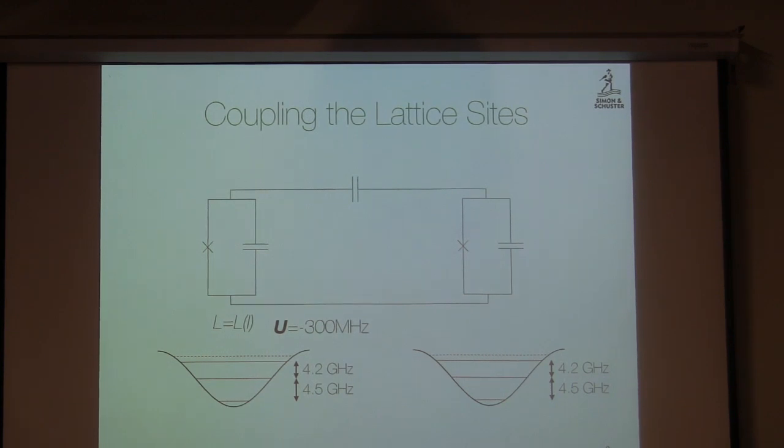Now, in the interest of full disclosure, the biggest challenge with this system is that when you fab these transmon qubits, it's very hard to make them identical. I think the state of the art right now is either in Oscar's group or at IBM, and they get about 50 megahertz of disorder, qubit to qubit.